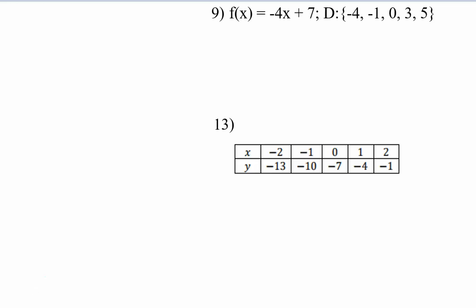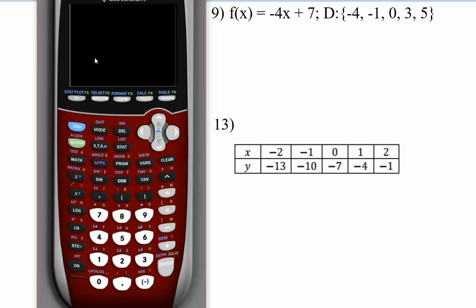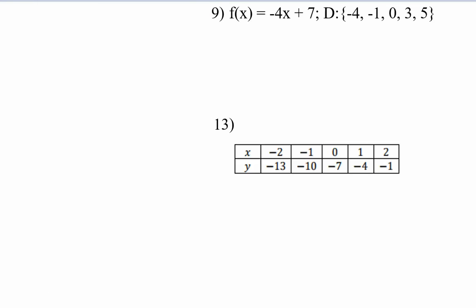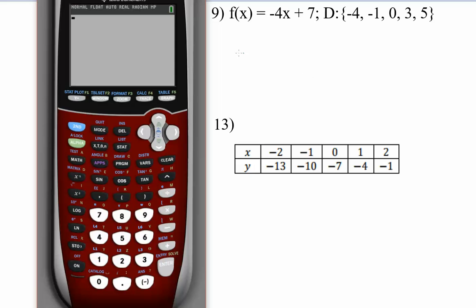Alright, for the next ones off of the initial one, we've been tasked to find the range given the domain. So on this very first one, try to keep my calculator on the screen. On the very first one, we've got that our domain is -4, -1, 0, 3, and 5.